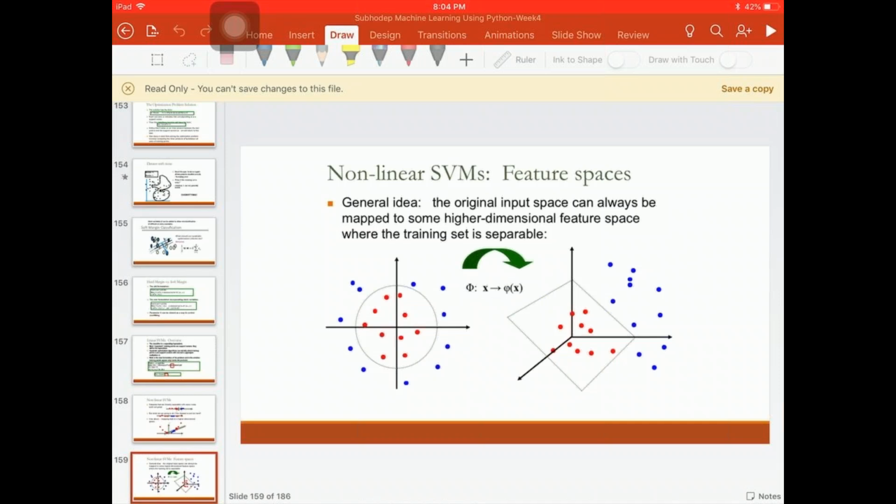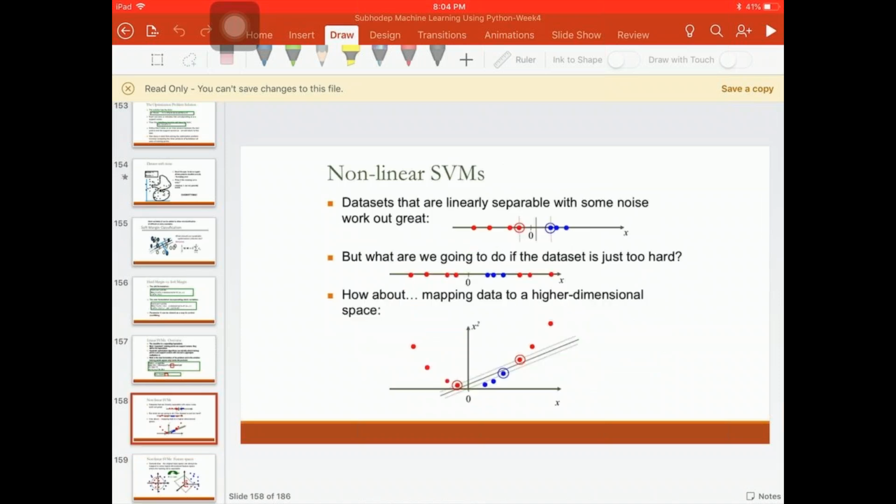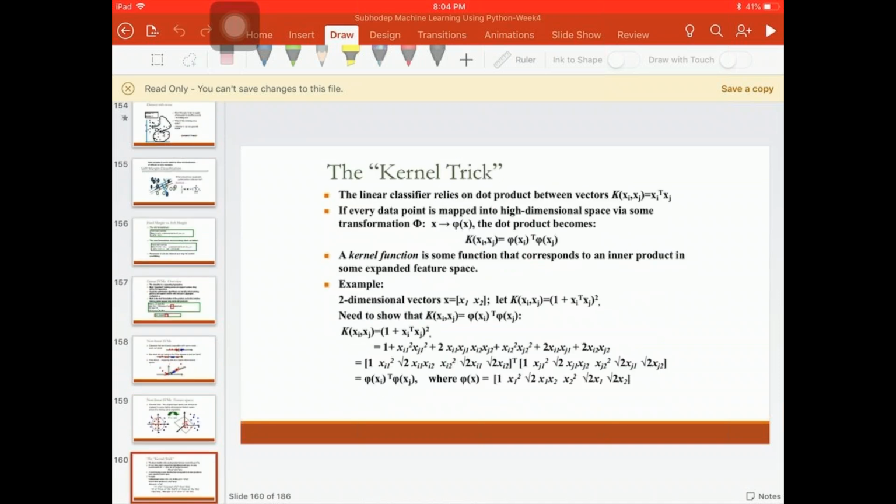The original input space can always be mapped to some higher dimensional feature space where the training set is separable, right? In your two dimensional space, your circular data cannot be separated. But when you add another dimension to it, you can easily separate it with a plane.